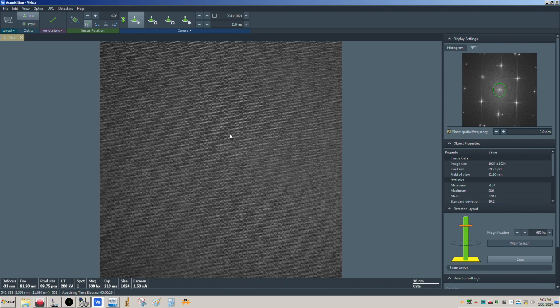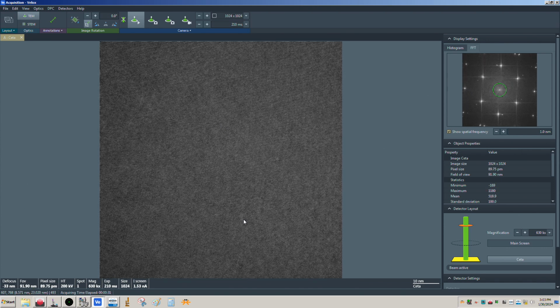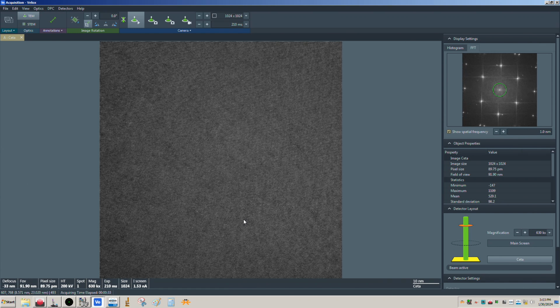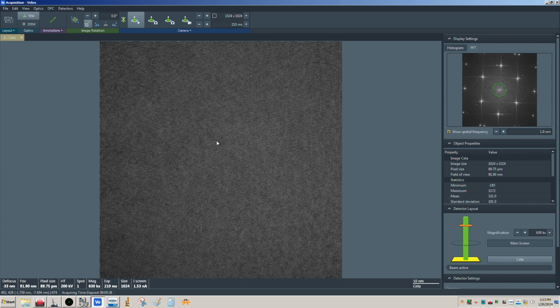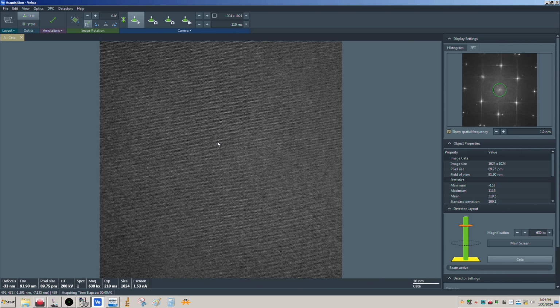Four nanoamps in general is pretty high for doing high res work when you're putting current into that small of an area, at least in my opinion.